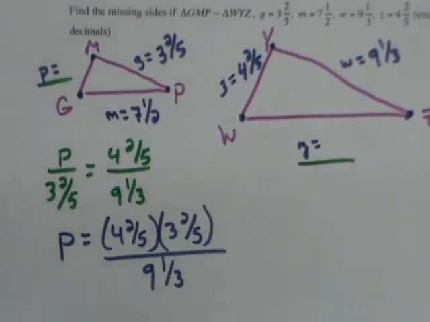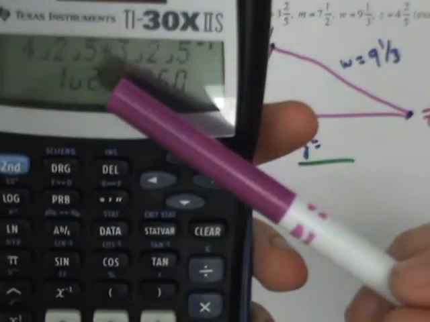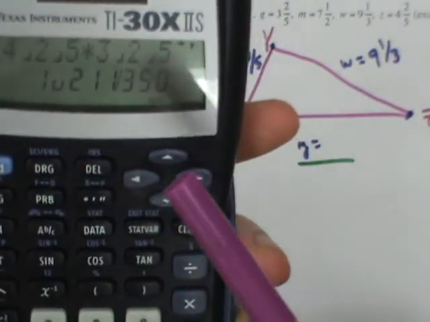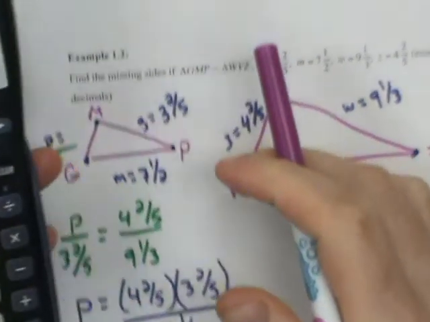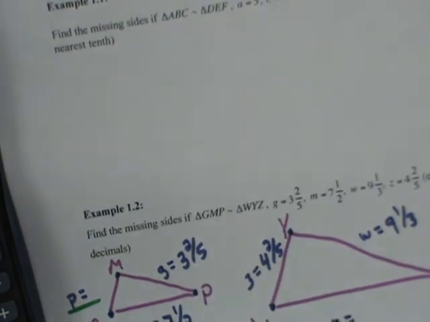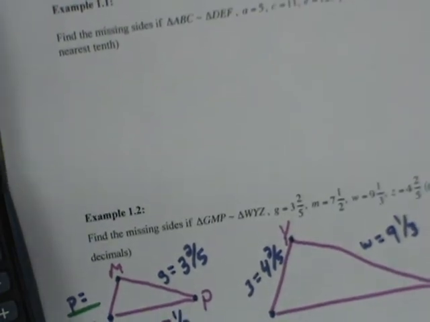Now I get this crazy answer. And as I've talked about so many times with you guys, it's okay to get these strange answers. You're using the calculator. So this one says 1 2/11 over 350. P is 1 2/11 over 350.